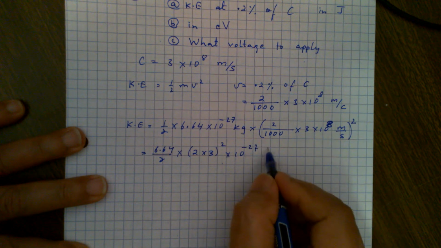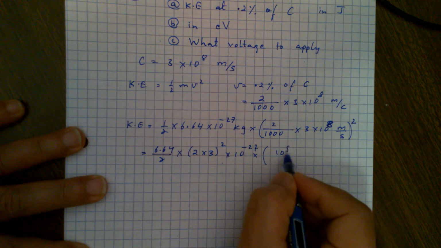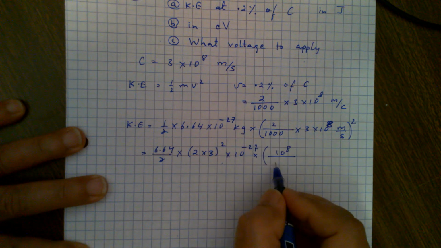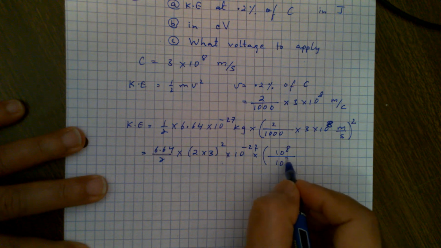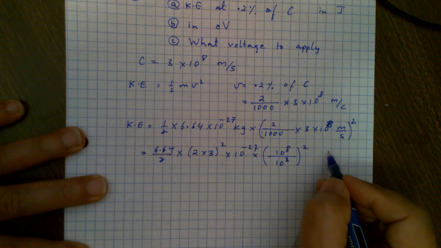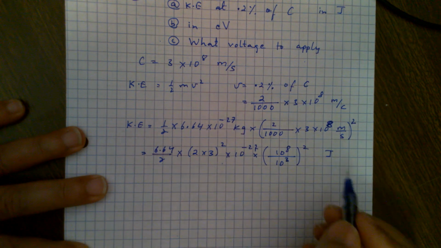Then I have in the bracket 10 to the power 8 divided by, this is 1,000, so that's 10 to the power 3, squared, and the unit will be in joules because that's kilogram meter squared per second squared.